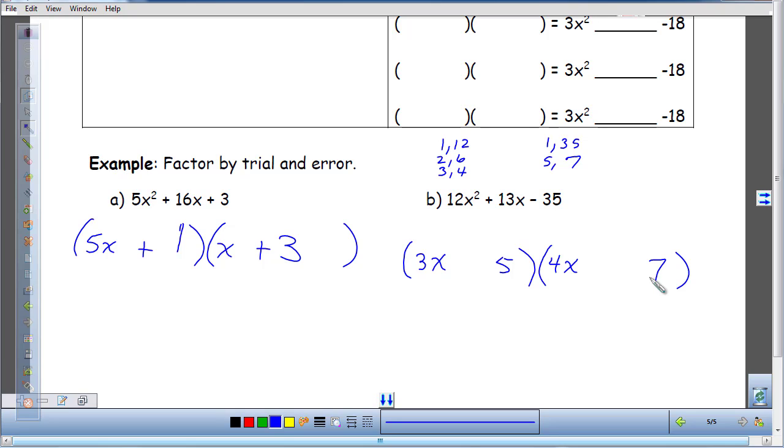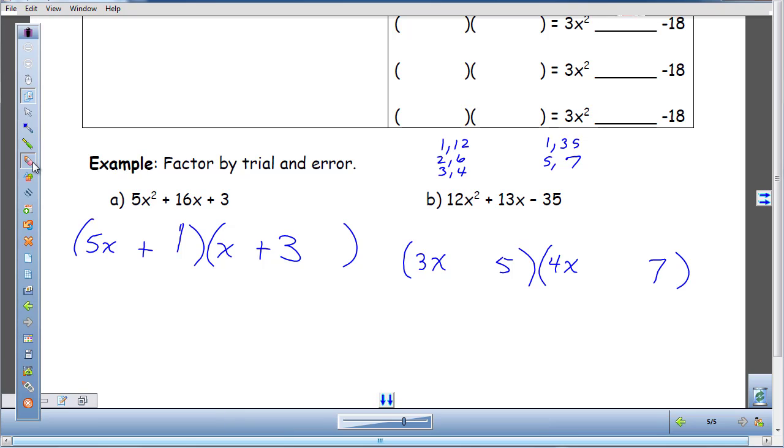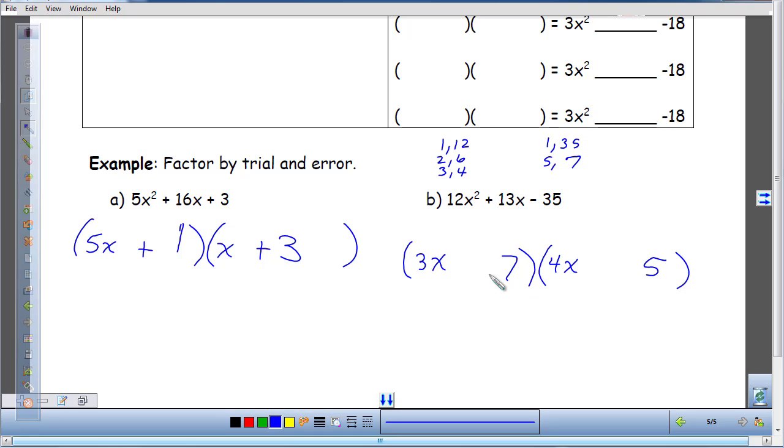Okay, so you want to swap it around. All right, so when we test that out, we can get 15x, 28x. Okay, 28 minus 15 could give us 13. So we need to make which one positive? Plus 7 and minus 5.